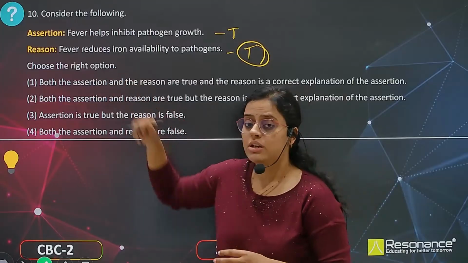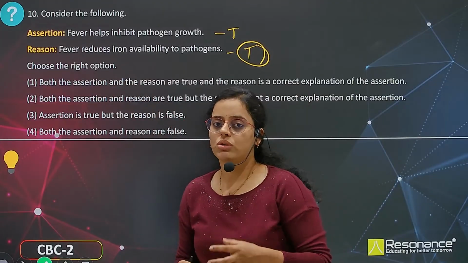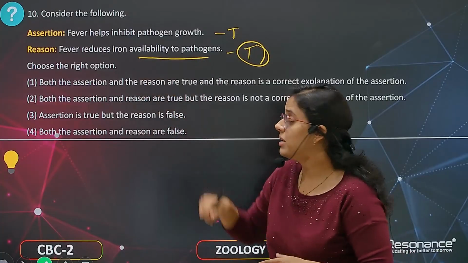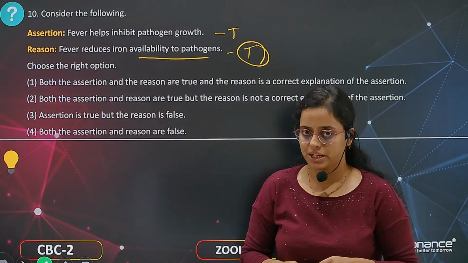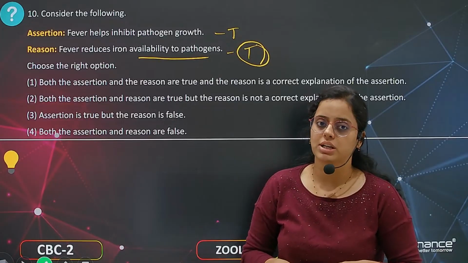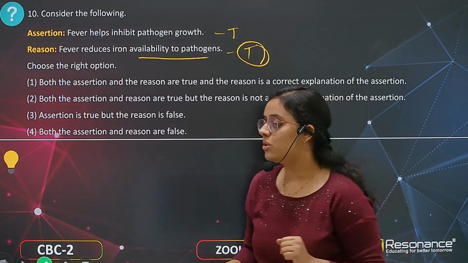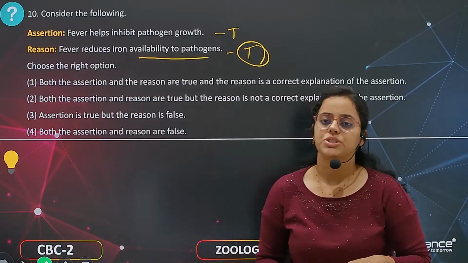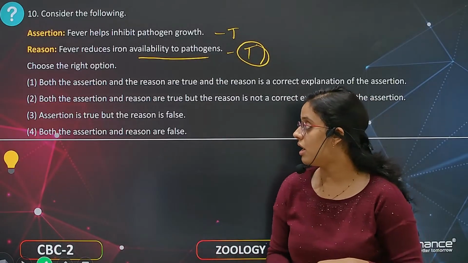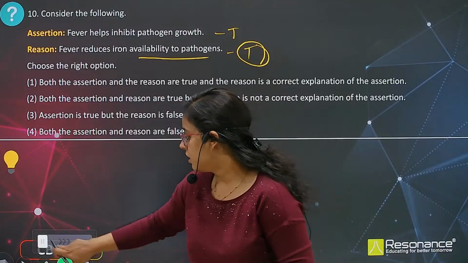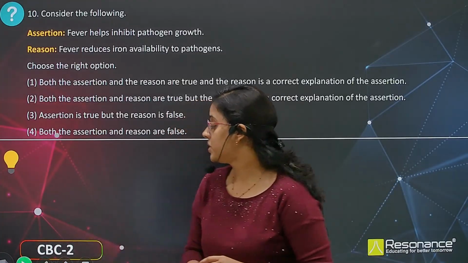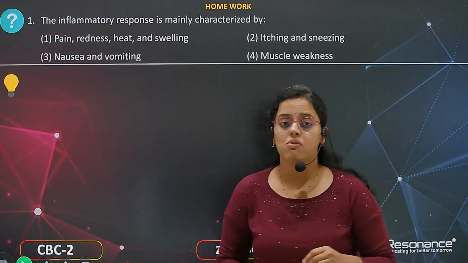The fever is stopping the growth of the pathogen, that is what has to be explained, right? Here the iron availability to pathogen is not a correct explanation. So here both assertion and reason are true, but reason is not a correct explanation of the assertion. This is the answer. Now let us discuss the homework questions that are present in your worksheet.